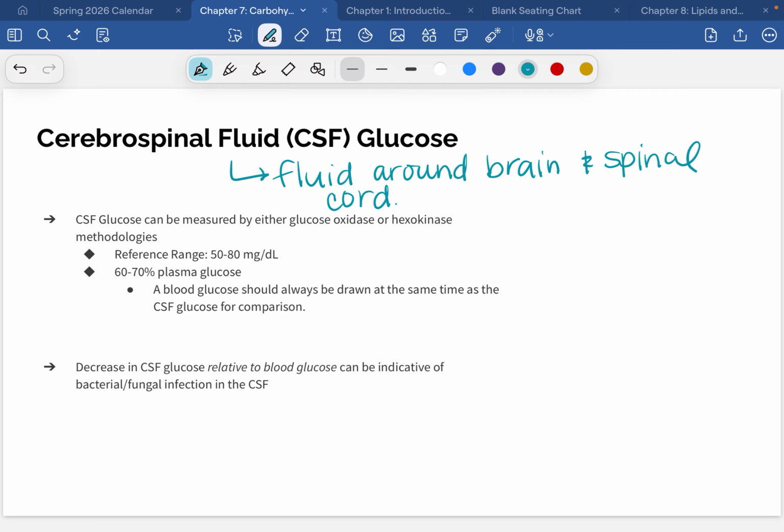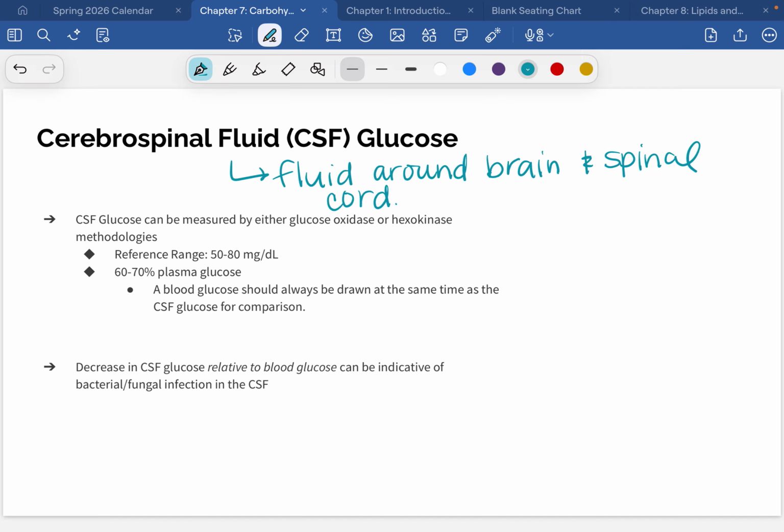Your brain and your spinal cord are floating around in this cerebral spinal fluid. It's what protects the brain from the rest of the body and from hitting any bones on the inside of your body, I guess. Cerebral spinal fluid glucose can be measured by either glucose oxidase or hexokinase. It doesn't matter; it's the same kind of idea for both.